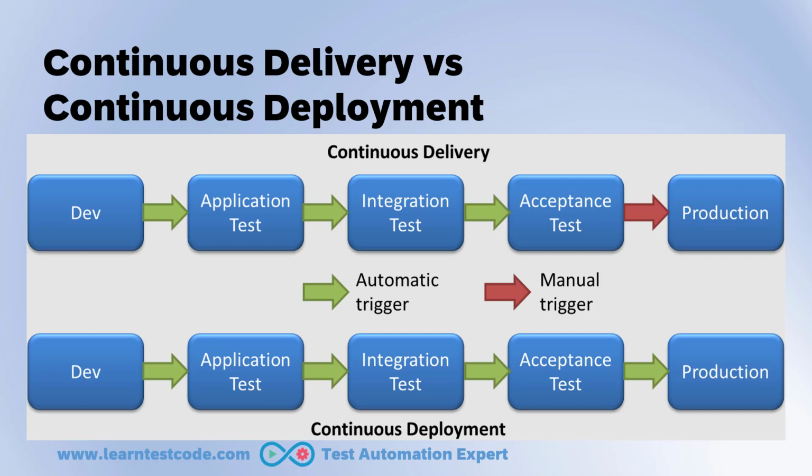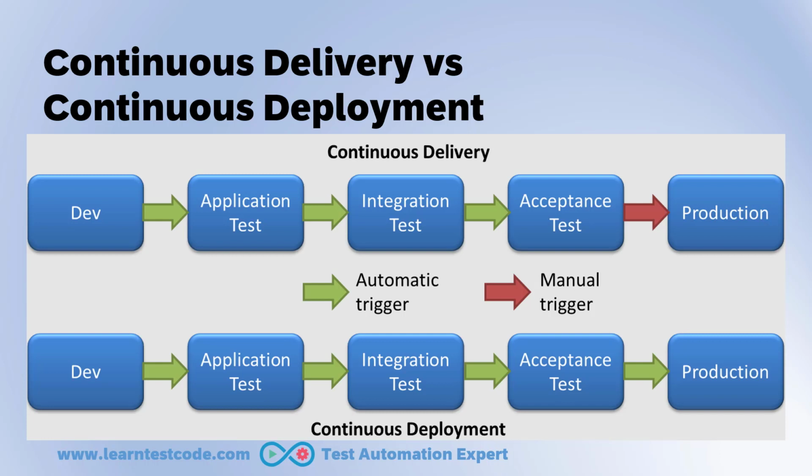And in continuous deployment, all processes are automated. So deployment to the production is triggered automatically. All phases of testing are automated, so we can deliver and deploy to the production in a much faster way.